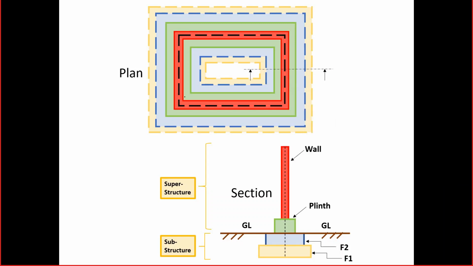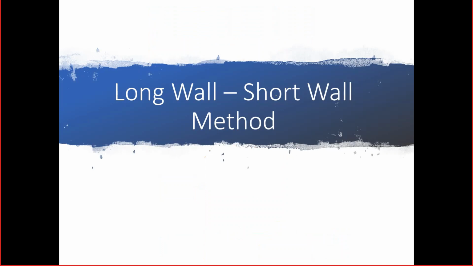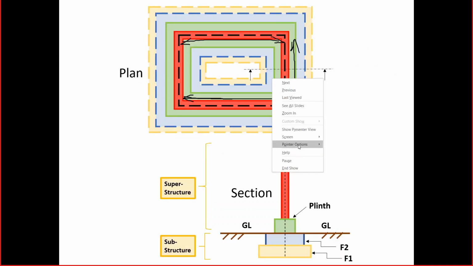This total length I'll assume as the long wall because this is the longer wall. Compared to this length, this is shorter, hence I am considering that as the short wall, right?